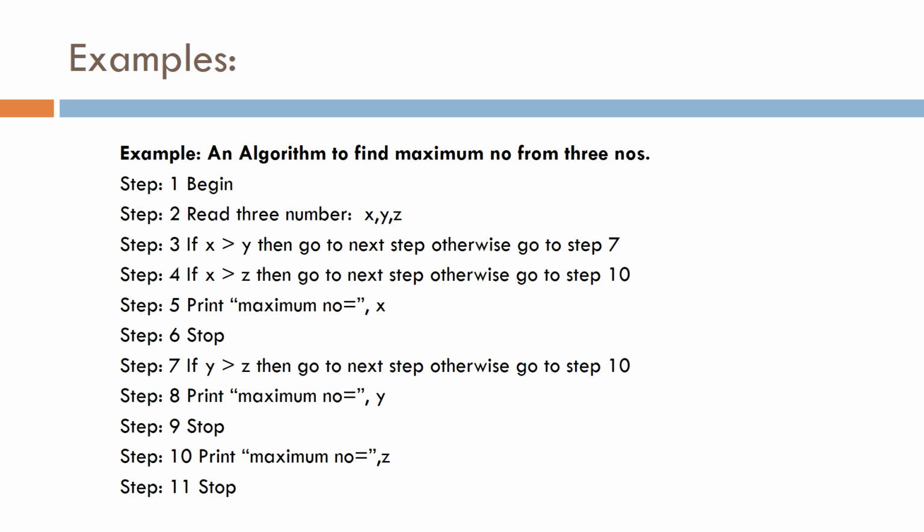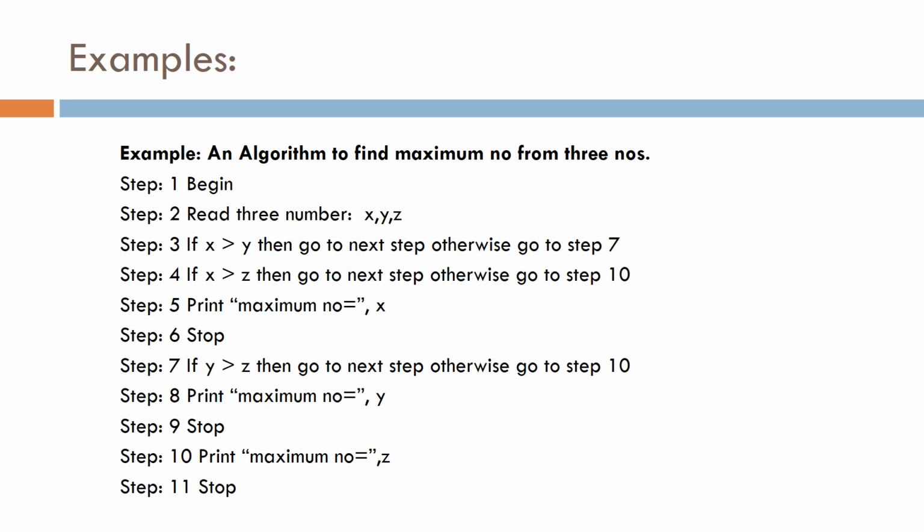The next step is step number 5, and here we are going to print the maximum number equals x. So if both the conditions are true, then we are executing step number 5, and our output is displayed as we are finding the maximum number from the 3. So we are stopping our algorithm over here, and step number 6 is stop.